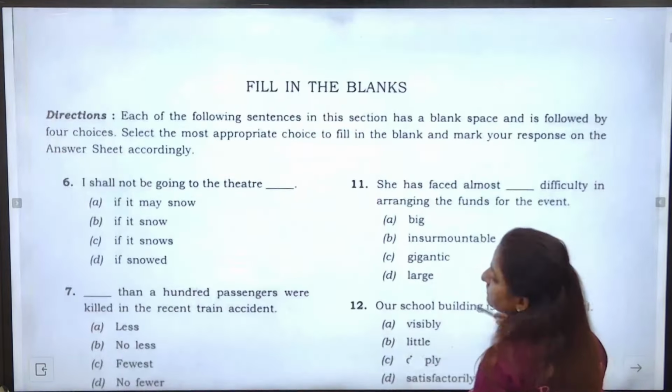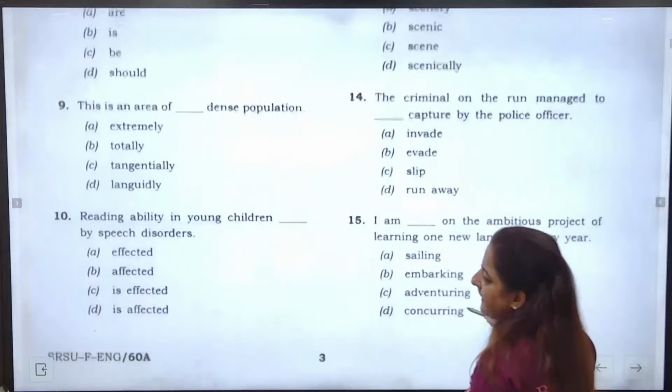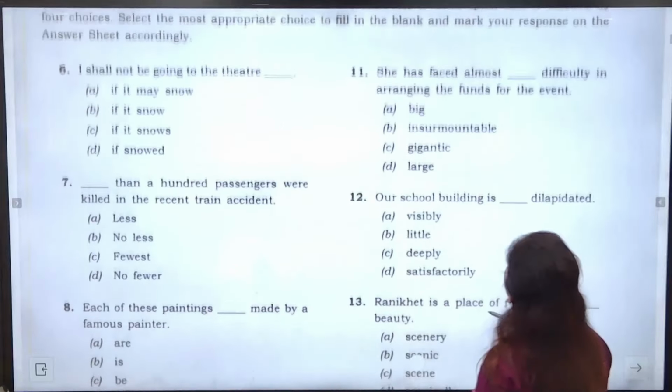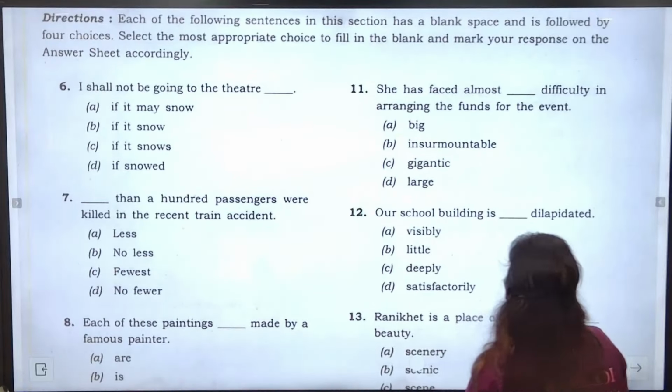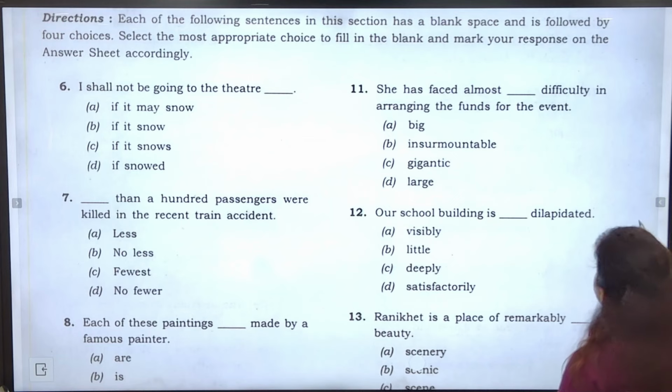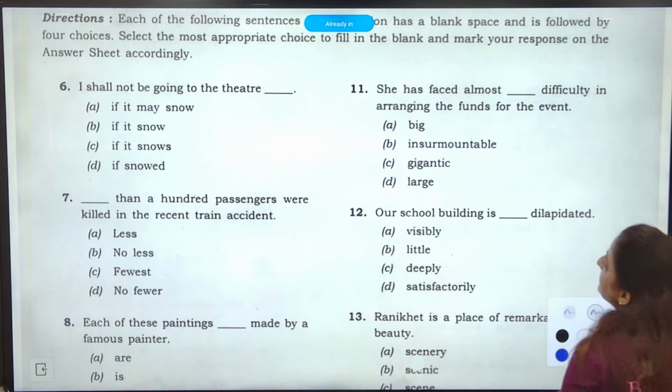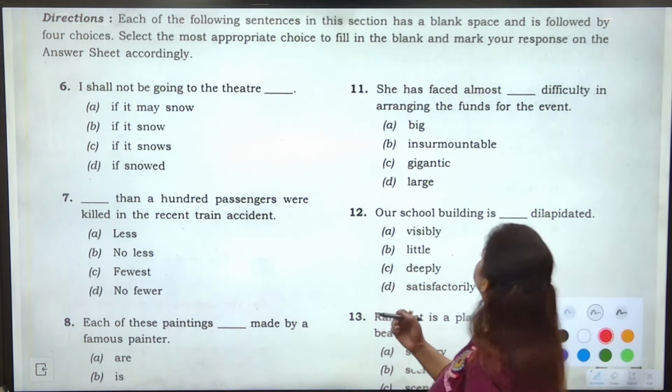Question number, I think we just did 10, na? Yeah, 11. She has faced almost what difficulty in arranging the funds? Big difficulty, insurmountable, gigantic, or large? This question is slightly confusing, I may say.